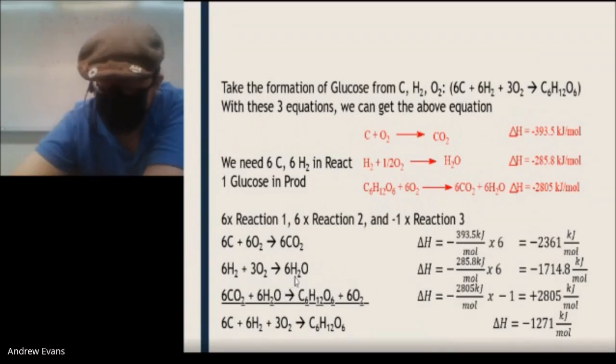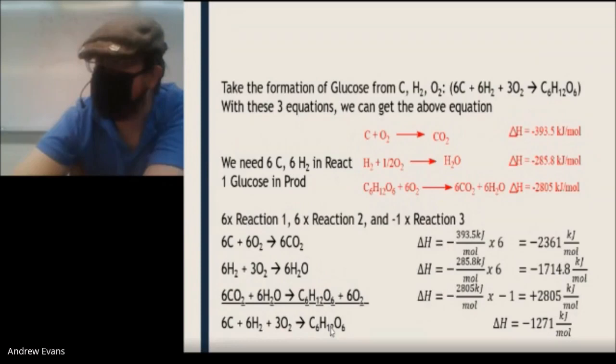And 6 waters here are going to cancel with 6 waters there, leaving us with the following reaction: 6 carbon, 6 hydrogen, 3 oxygen goes to glucose. So that is the reaction we want.